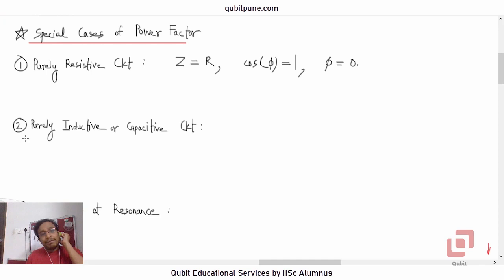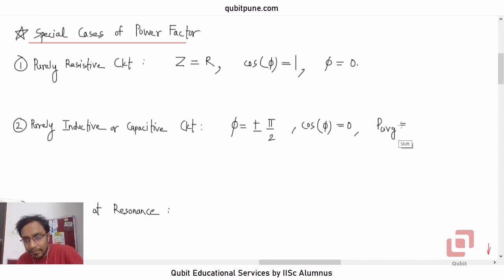Correct? If we have a purely inductive or capacitive circuit, then phi is pi by 2. We can't write it as plus or minus pi by 2, it doesn't matter. But what matters is cos phi is 0. We already know that the average power consumed for a purely inductive or a capacitive circuit is 0. So P average is 0.